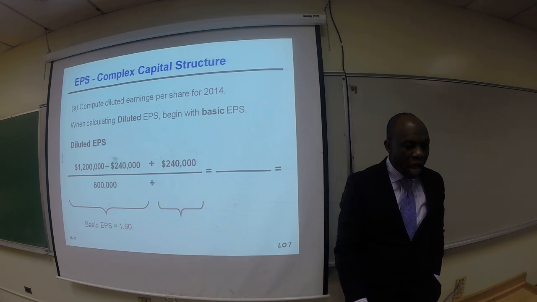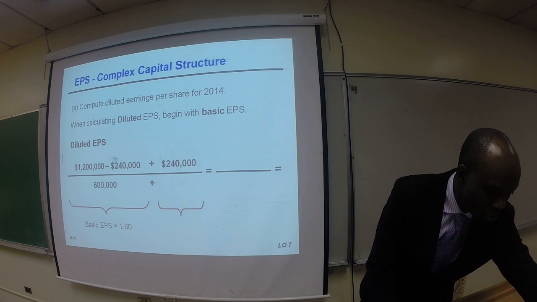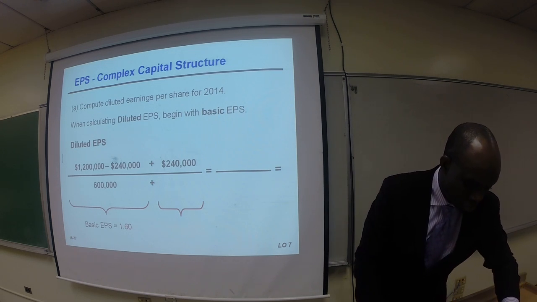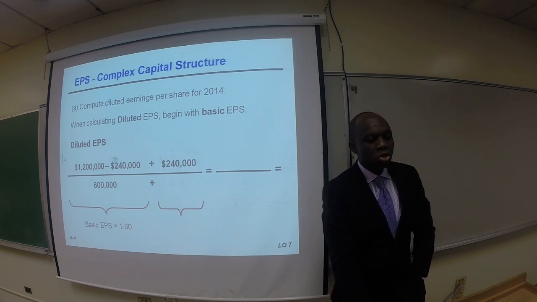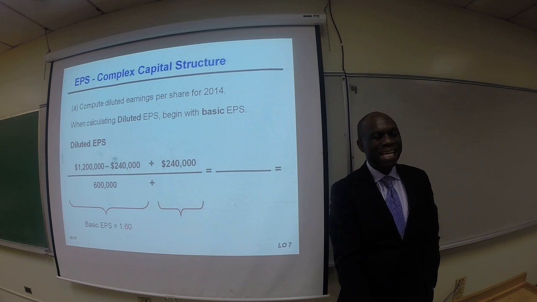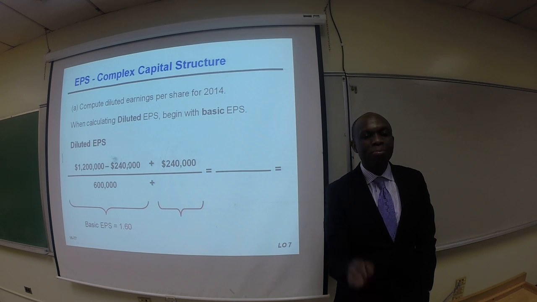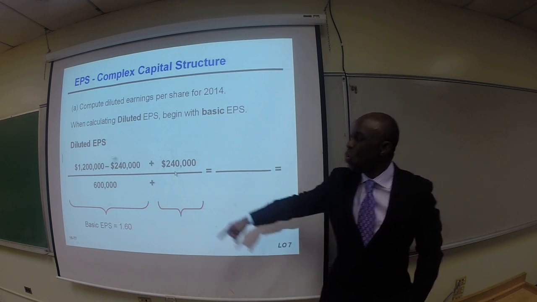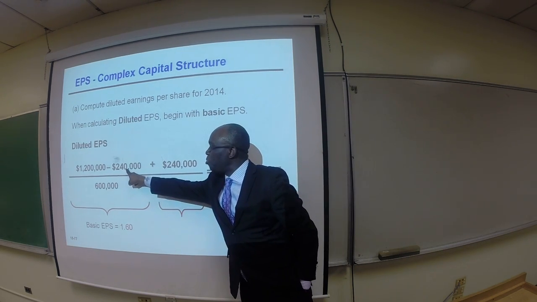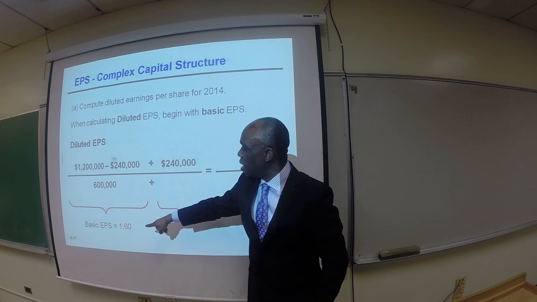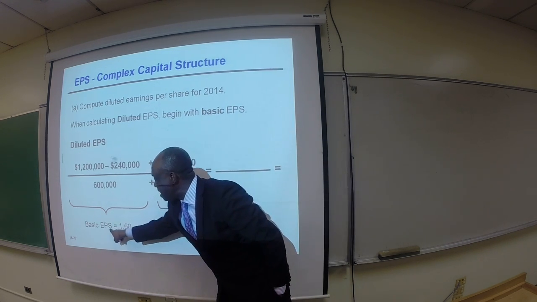At this point, look at what is going to happen. We are now going to add back. For the basic EPS, like we just demonstrated, $1.2 million in net income, we back out the preferred dividend of $240,000. We subtracted $240,000 preferred dividends for the purpose of computing the basic EPS.